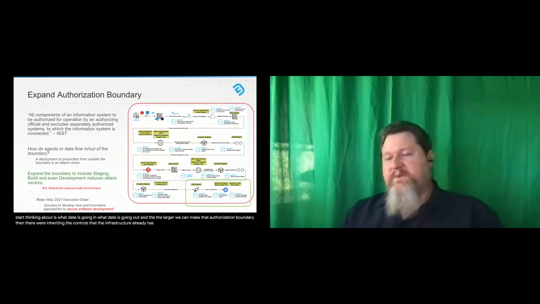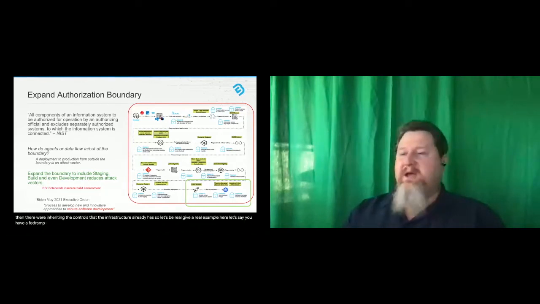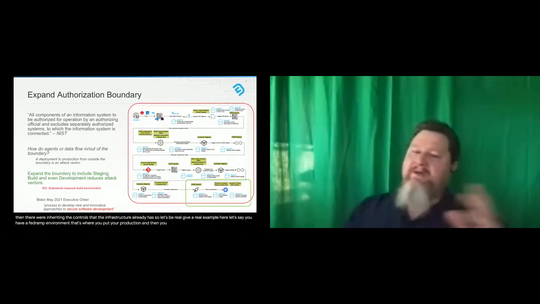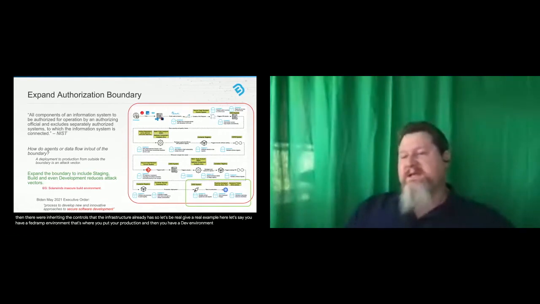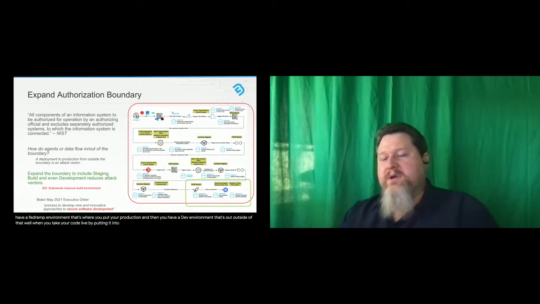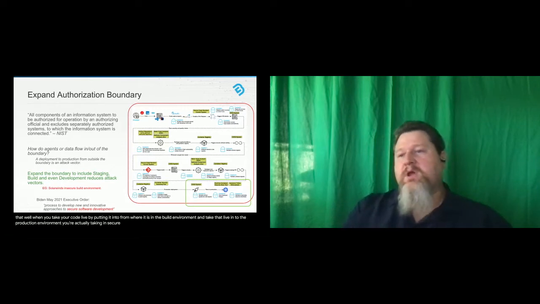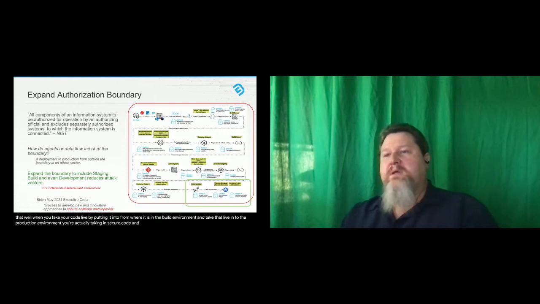So let's be real and give a real example here. Let's say you have a FedRAMP environment, that's where you put your production, and then you have a dev environment that's outside of that. Well, when you take your code live from the build environment into the production environment, you're actually taking insecure code and bringing it into the FedRAMP boundary.